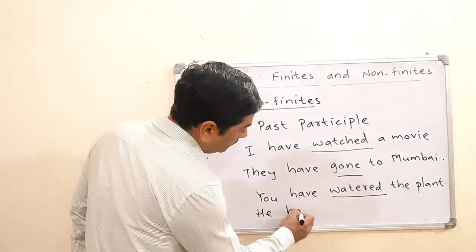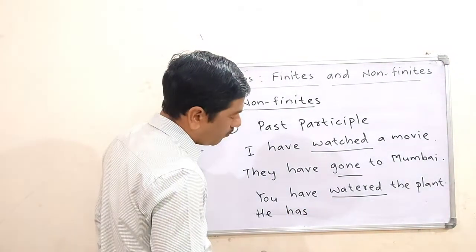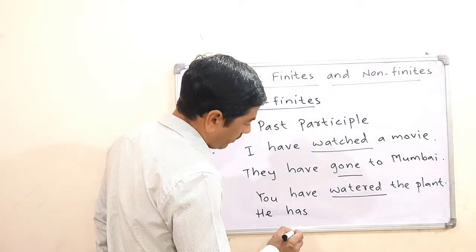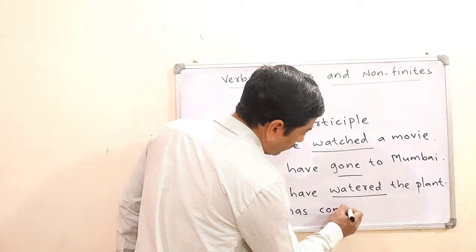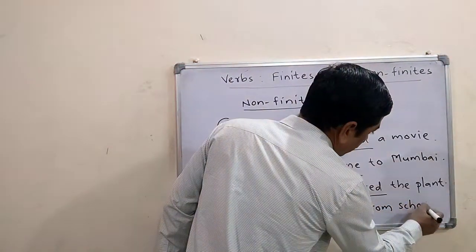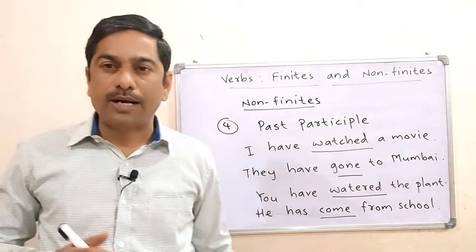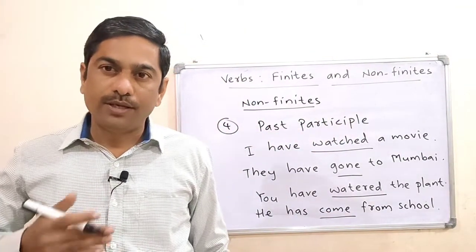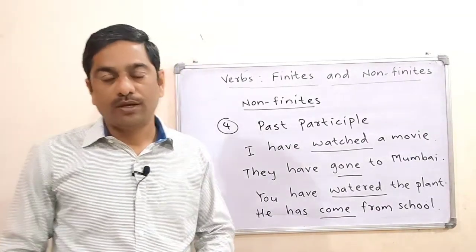He has come from school. So in this sentence, come is the past participle form of come. Come, came, come. So he has come from school.